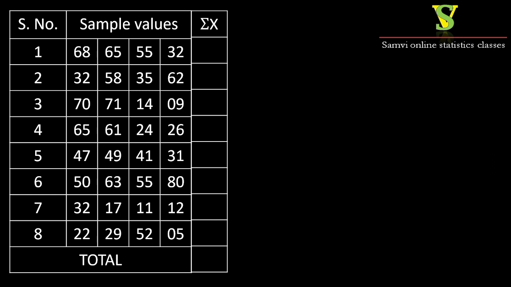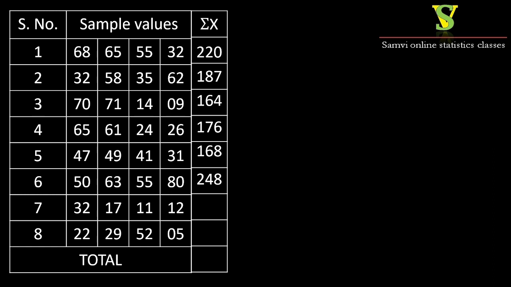So you have to take the total of the first row, that is 68 plus 65 plus 55 plus 32, and we get 220. 32 plus 58 plus 35 plus 62 gives 187. 70 plus 71 plus 14 plus 09 gives 164. 65 plus 61 plus 24 plus 26 gives 176. 47 plus 49 plus 41 plus 31 gives 168. 50 plus 63 plus 55 plus 80 gives 248.